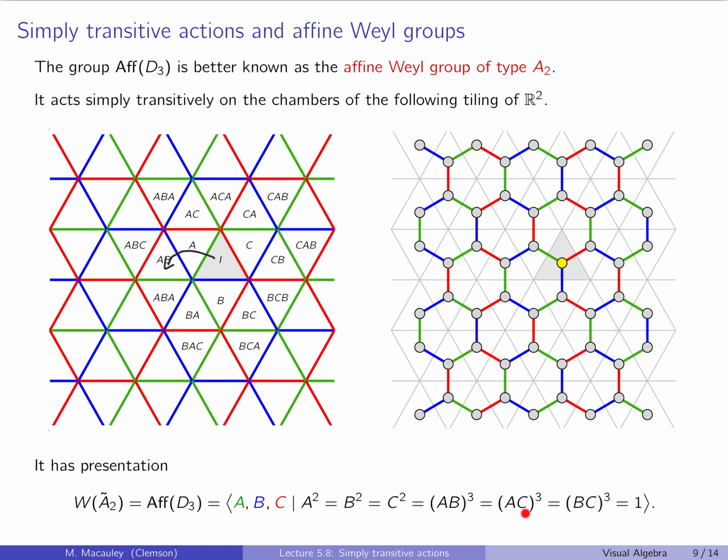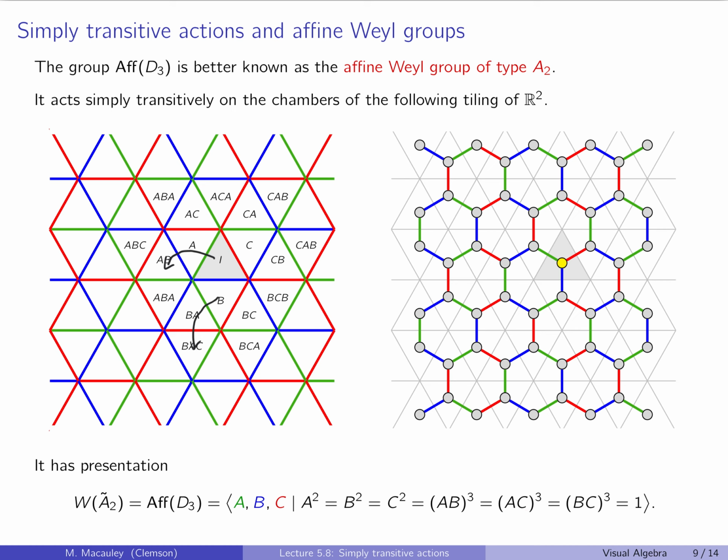If you do A and then C, that's doing green and red. So if you do that, let me do it from somewhere else. If you start here and you do green, red, that's also going to be a 120 degree rotation. So that AC has order 3. And finally, BC is blue, red.